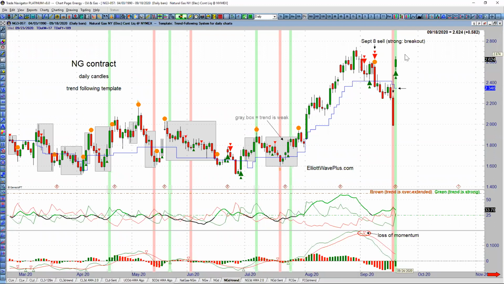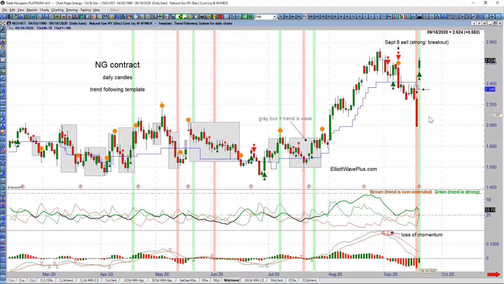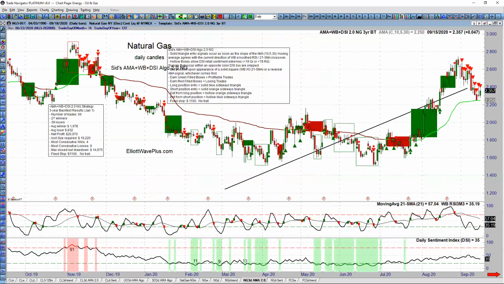Until Genesis fixes this, which it should fix probably by the close on Monday, I'm not going to include this trend following chart because I think the trend is still down, and that is just an incorrect candle placed incorrectly by the feed at expiration.